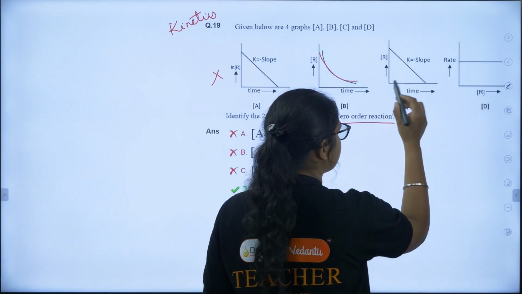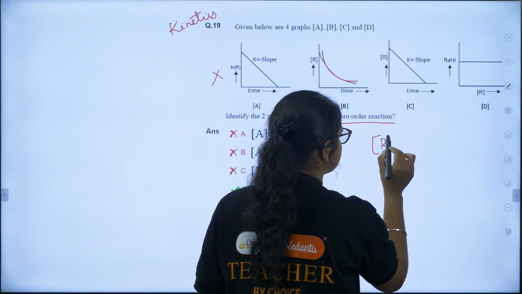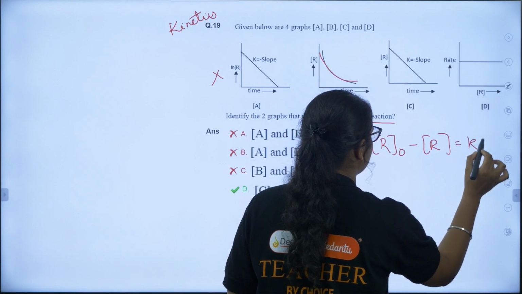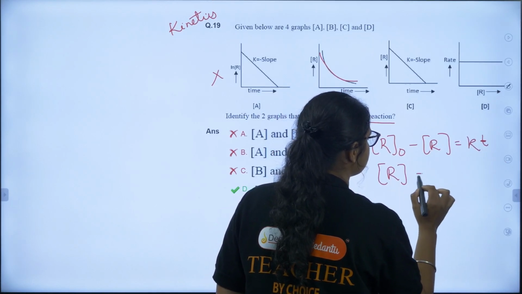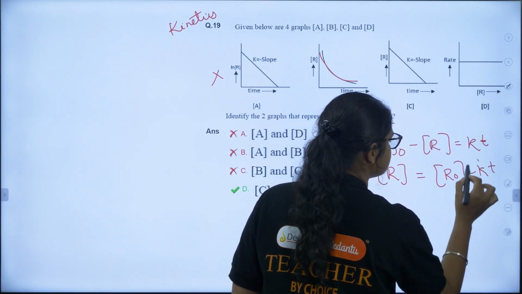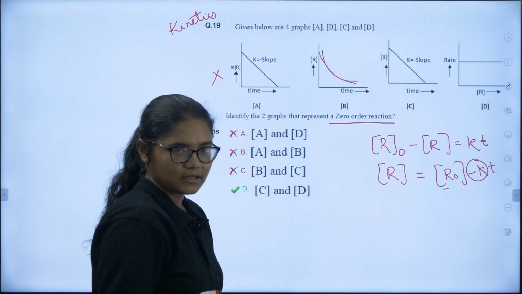If you see this one, concentration versus time, we have the equation like this, right? R0 minus R is equal to KT. So if I want to draw a graph, I'll write R is equal to R0 minus KT, right? So this is your negative slope and this is your y-intercept.